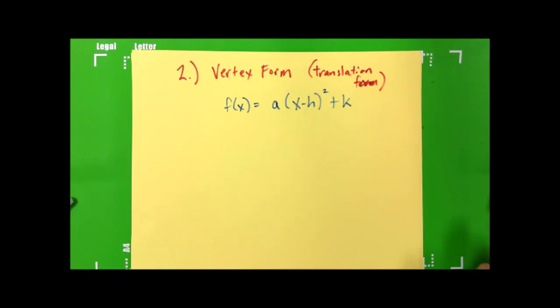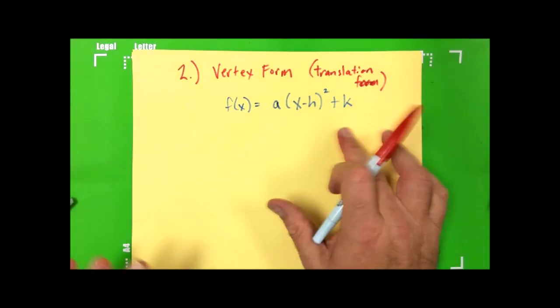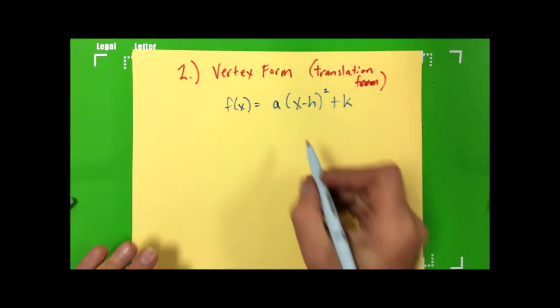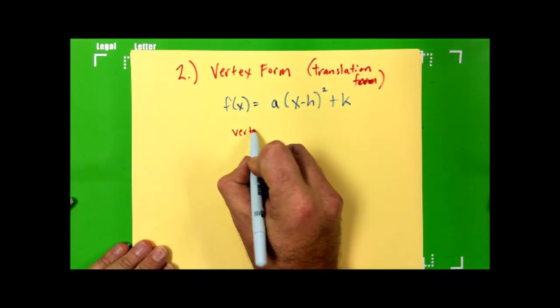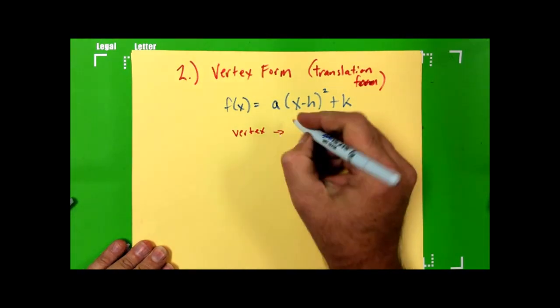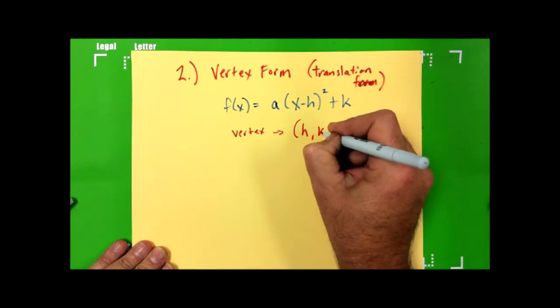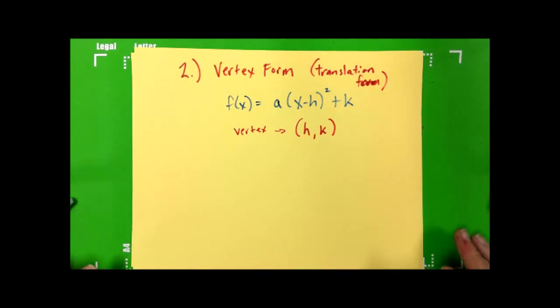Now, what does that mean? What do you see here? The reason why it's called a vertex form is because I pull the vertex right out of the letters, right out of the form.